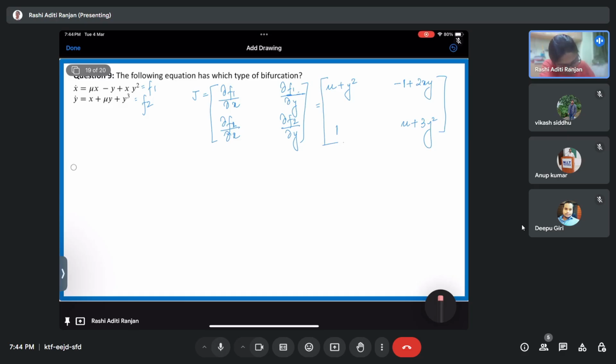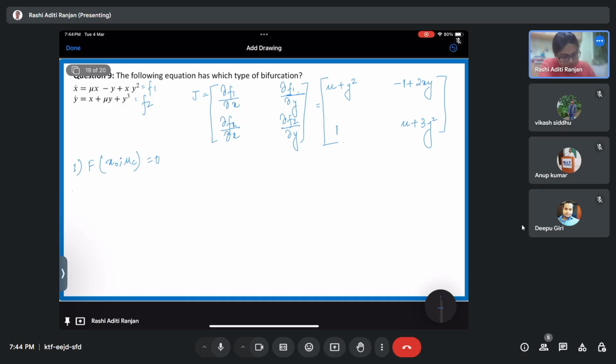The first one was that my function f at x naught and the critical value of the parameter should be equal to 0. The value of f, which is x dot equals f, should be 0 at my fixed point and the critical value of the parameter.